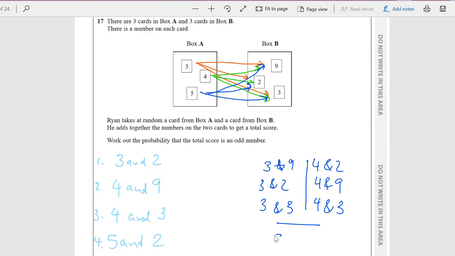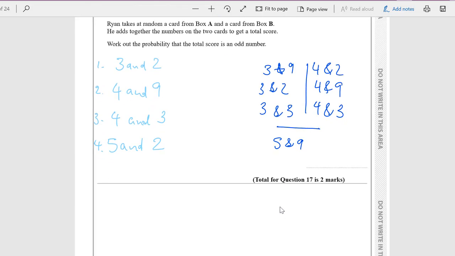And then we also said 5 and 9, 5 and 2, 5 and 3. So there are 9 possible combinations. So 4 of those were odd, and there are 9, so that means 4 over 9.